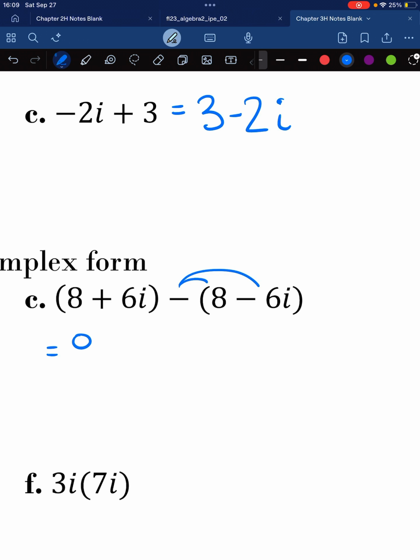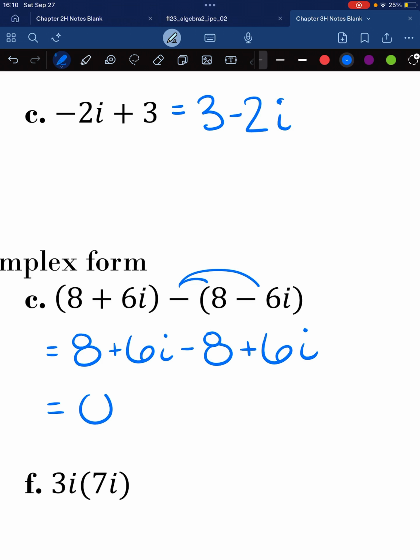Again, subtraction, we just need to make sure we're careful. Minus a negative. 8 minus 8 goes away, so 0 plus 12i.